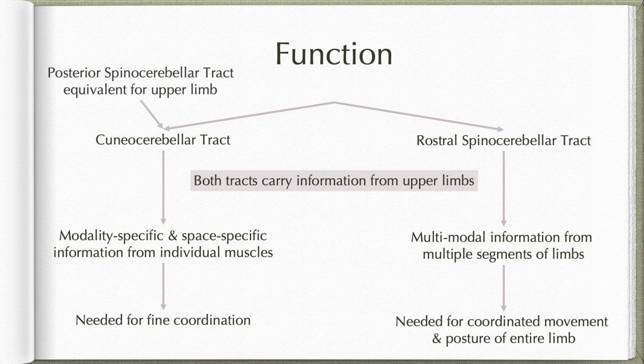So the cuneocerebellar tracts are the posterior spinocerebellar tract equivalent for upper limb, and rostral spinocerebellar tracts are the anterior spinocerebellar tract equivalent for the upper limb.